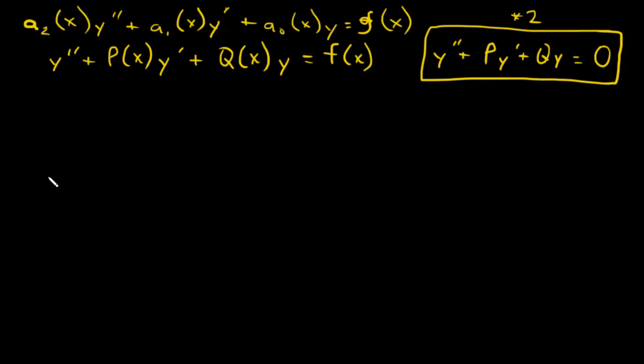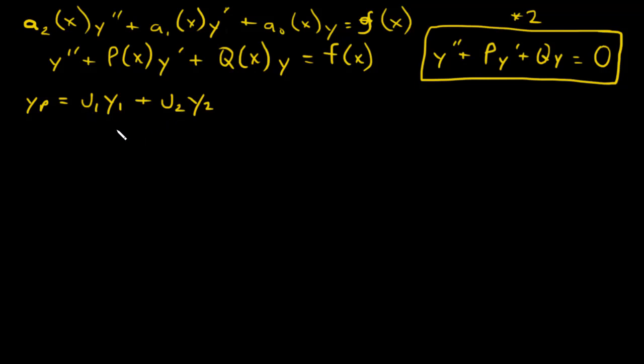Here we go. Let's say that I have, just keep this one in mind over here, y sub p equals u1 times the y1 plus u2 times y2, right? Where these are my varying parameters.